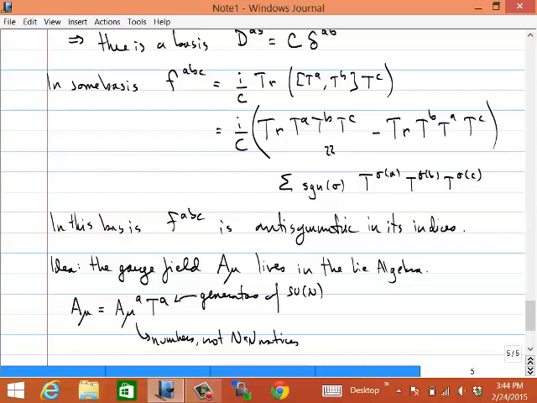You have the mu index, which is a space-time index, and you have what I call the Lie algebra indices. In general relativity, the vector space that's transforming is the tangent space. So the Lie algebra indices are space-time indices in the case of general relativity.